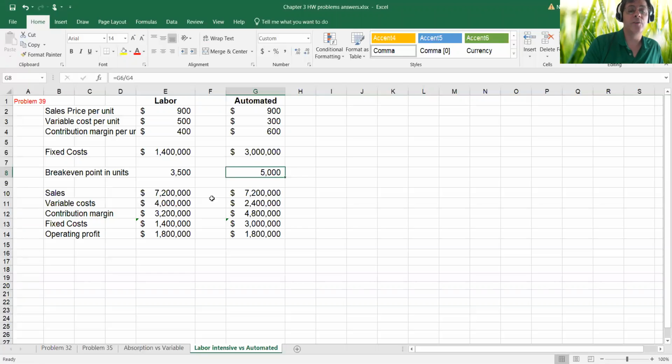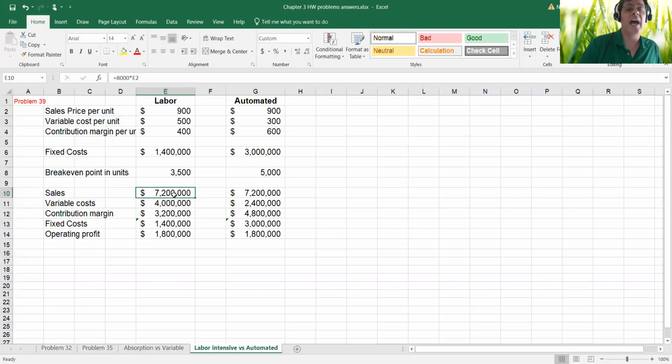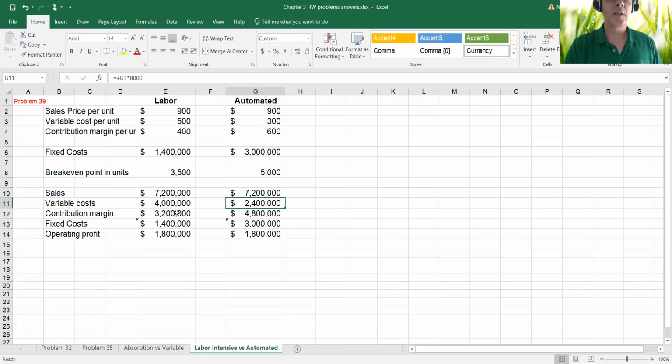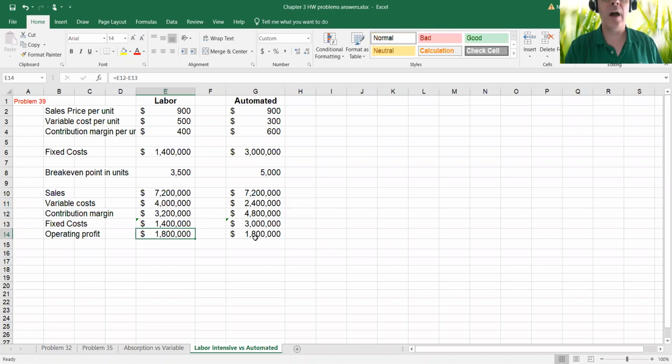Sales of 7.2 million, which is at 8,000 units. So I just took the 8,000 units times 900 for both sides, took 8,000 times the variable costs, got contribution margin, got my fixed costs, which of course are the same regardless of how many units I make. And then I have my operating profit is exactly the same at 8,000.